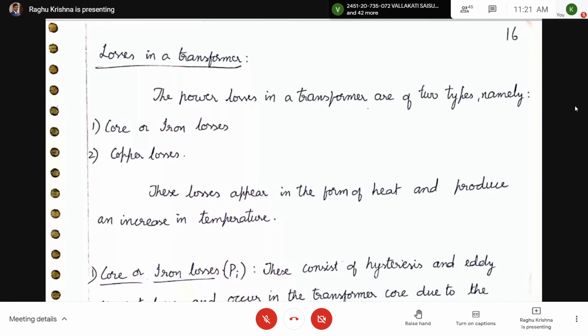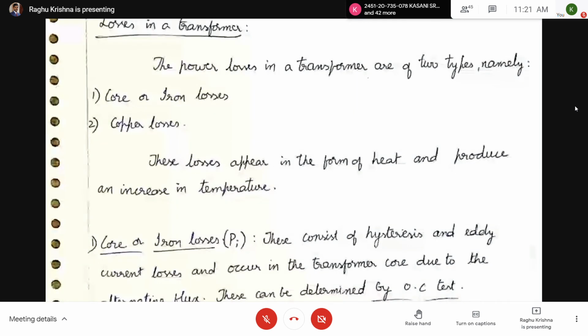The power losses in a transformer are of two types, namely core or iron losses, as the core is made up of iron, and the second one, copper loss. These losses appear in the form of heat and produce an increase in temperature.